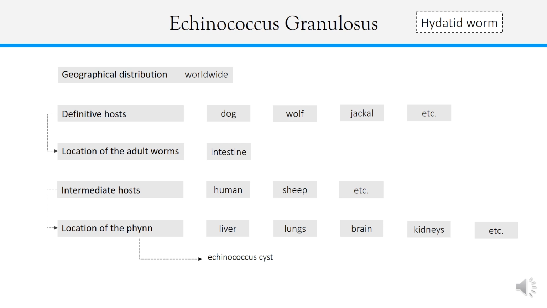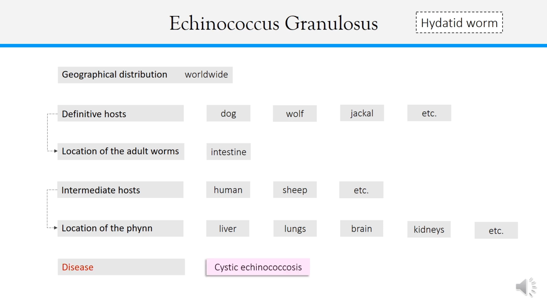And the morphological representation of the immature form of Echinococcus granulosus is called Echinococcus cyst. So the fin of one parasite and the fin of another parasite could be different. And particularly for Echinococcus granulosus, the fin is represented by the morphological type that we call Echinococcus cyst.